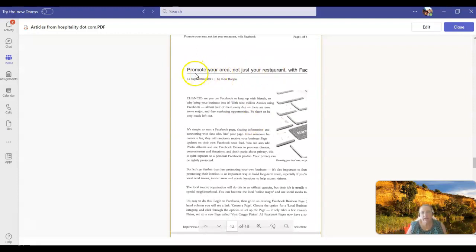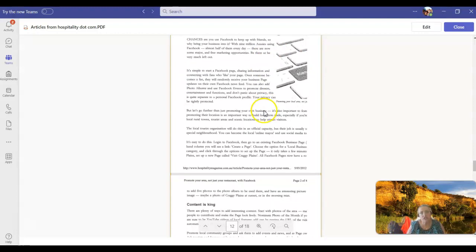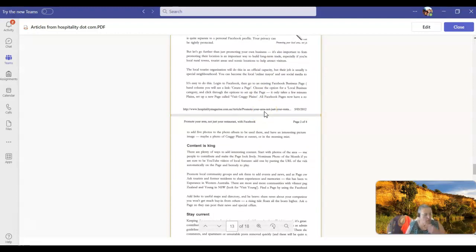Facebook and social media can be used to promote your area, not just your restaurant. You might know Joe Gibbons down at Taste the York is very good at promoting not just Taste the York, but also other goings on in town.